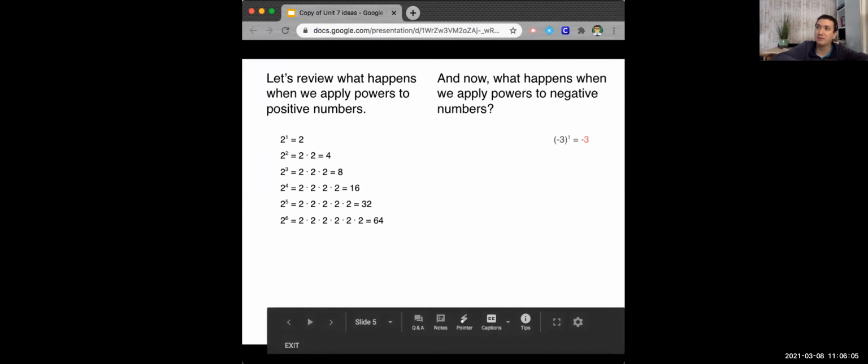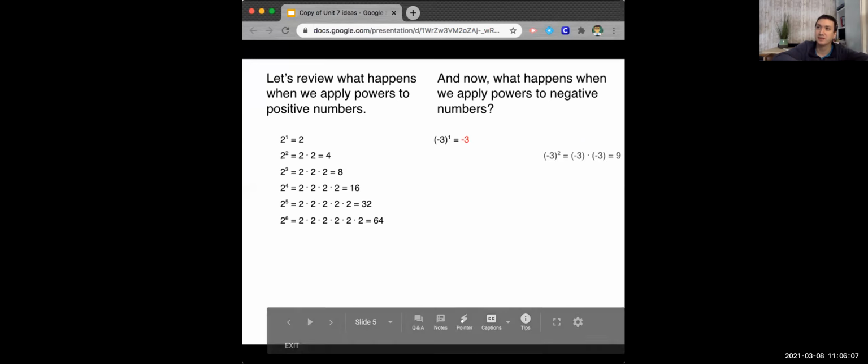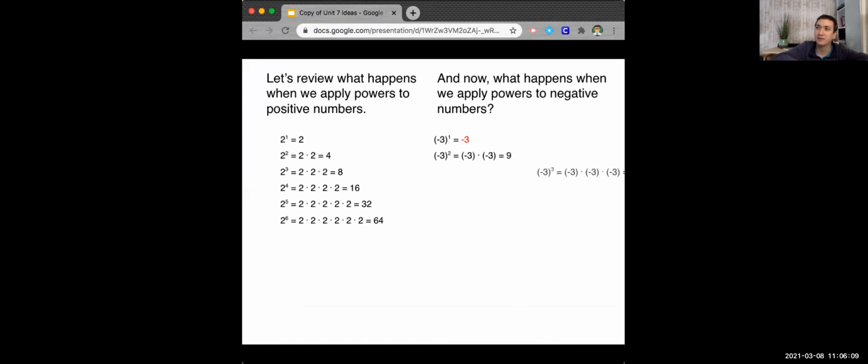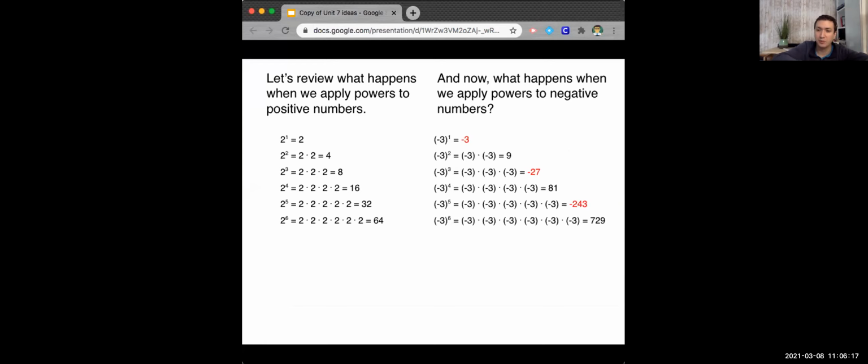Let's see what happens if we had a negative base. Same kind of thing, the base changed, but we're still going to the exponent of 1, an exponent of 2, an exponent of 3. What do you notice though? If the exponent is an odd number and the base is a negative number, then the result is going to be negative.